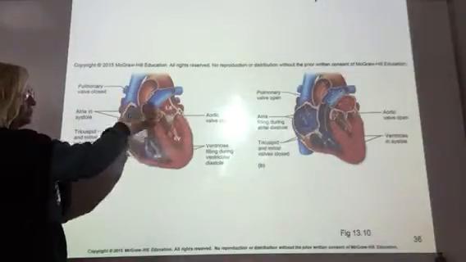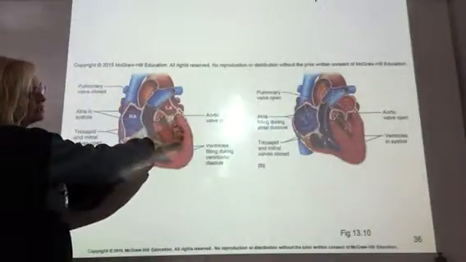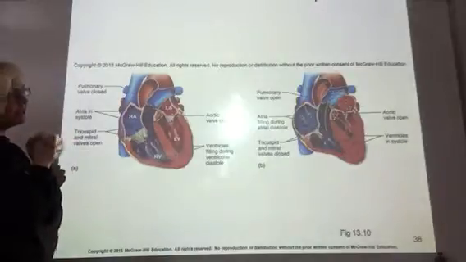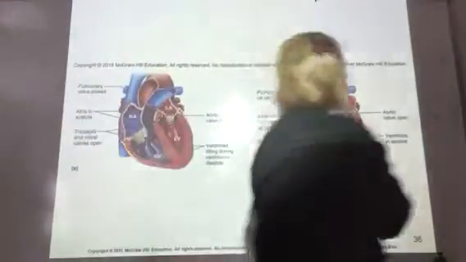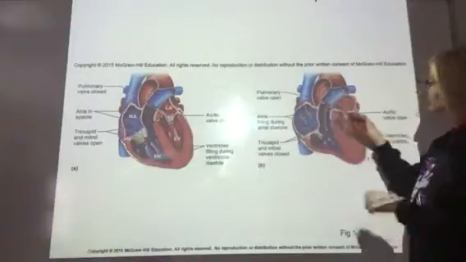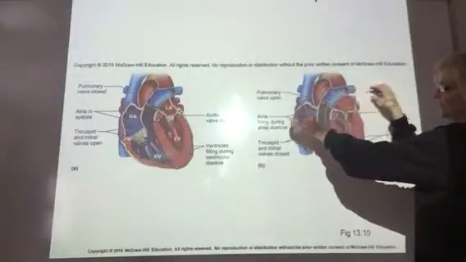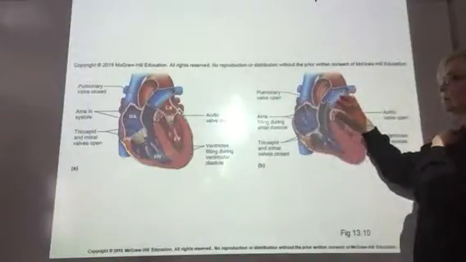When these are open, these are closed. So blood comes into the bottom, into the ventricles. Then, when blood is going to leave the ventricles and go out these valves, your AV valves close and allow blood to start coming into the top again.